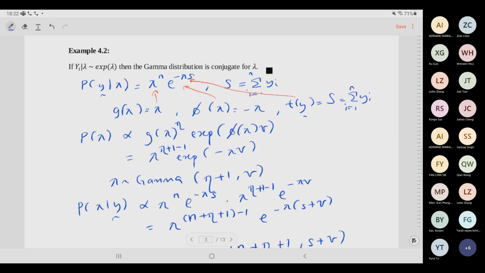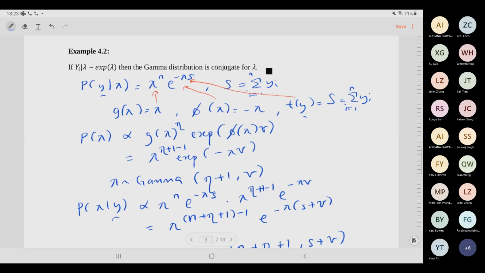That's why the gamma is also conjugate for Poisson, and also gamma is also conjugate for exponential, right? But before, when you're using the Poisson, they have a similar kernel.